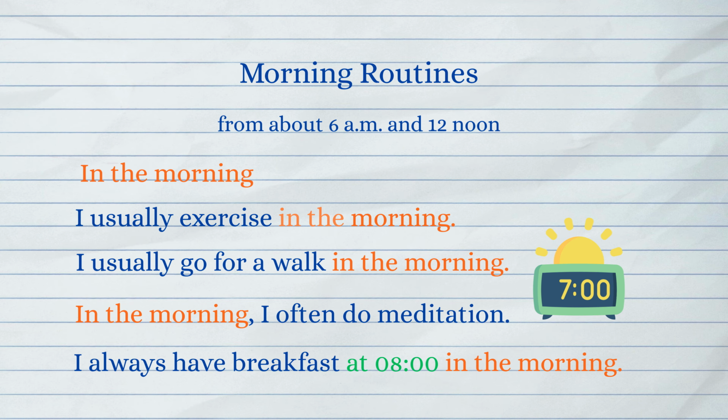We can also start the sentence with the time expression. For example, in the morning, I often do meditation. And when we talk about a specific time, we use at. I always have breakfast at 8 o'clock in the morning.